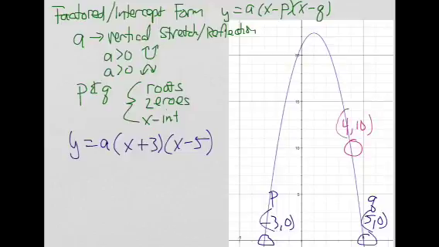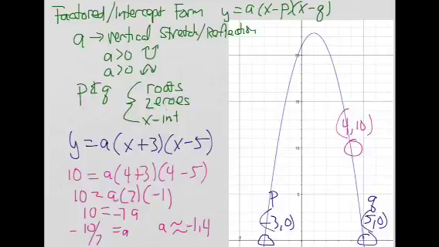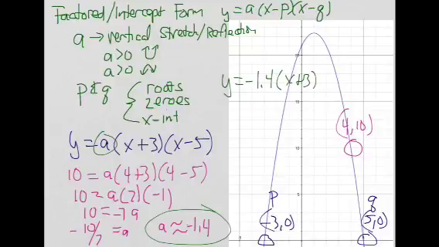And plug that into my equation. 10 equals a times 4 plus 3 times 4 minus 5. And then I solve that for a. As we work this through, we get a is negative 10/7, or a is approximately negative 1.4. So now we can plug that a back into my equation, and I get the equation of this parabola is y equals negative 1.4 times x plus 3 times x minus 5.